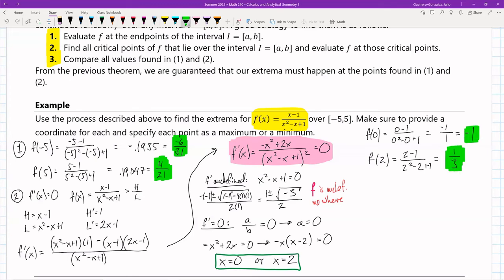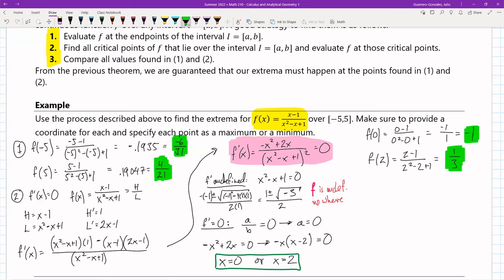Okay, so now we're done with step 2. From step 2, we found the critical values of f of x and determined the values at those points.